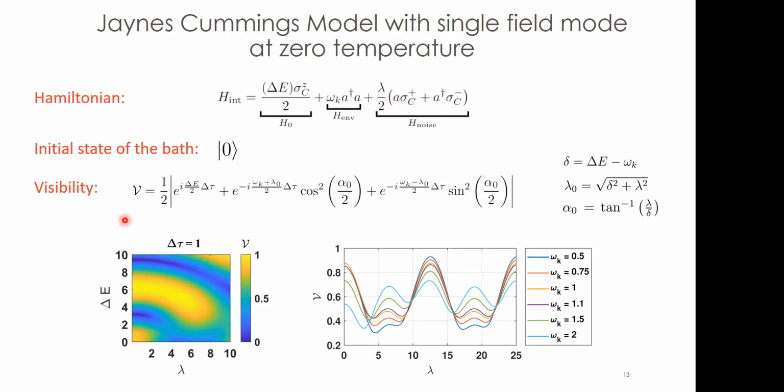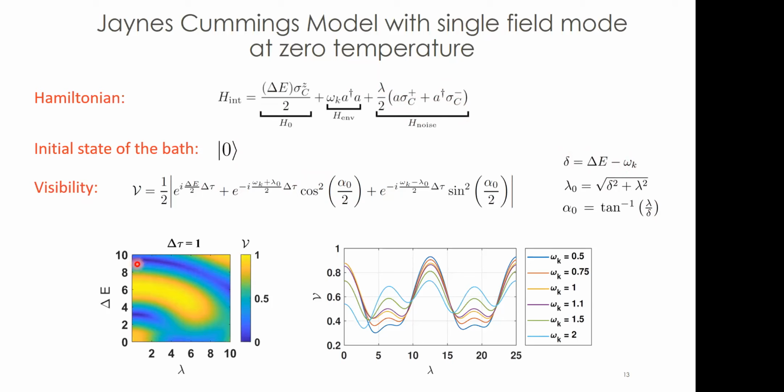And the visibility can clearly be calculated very simply using analytical tools, and is found to depend on the noise factor and the difference in the energy levels of the clock and the environment Hamiltonian.